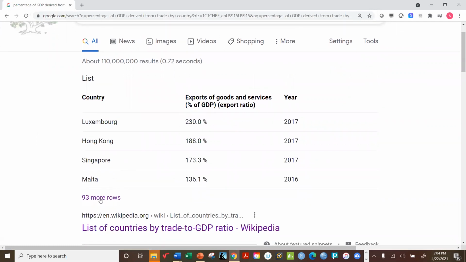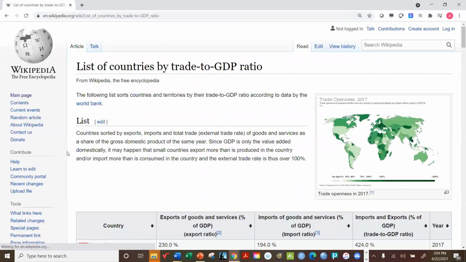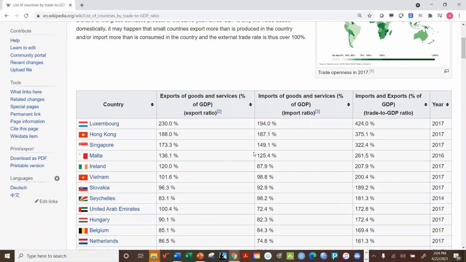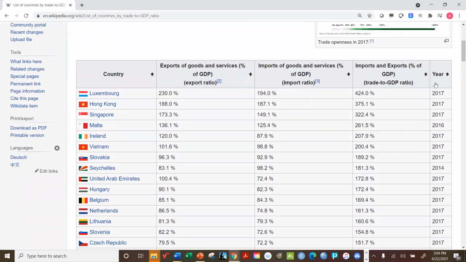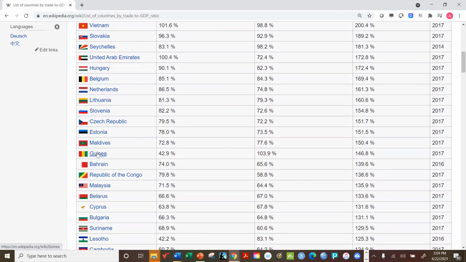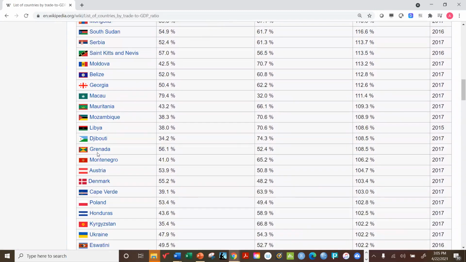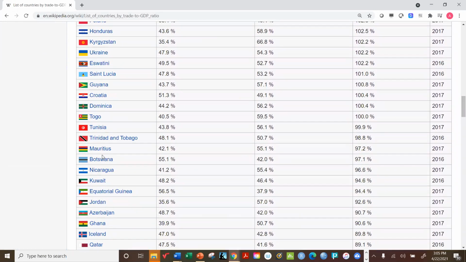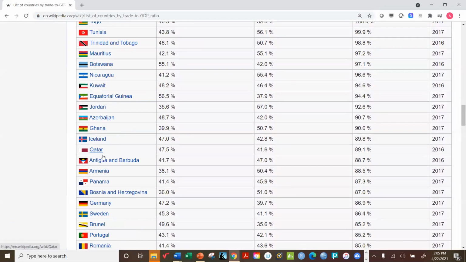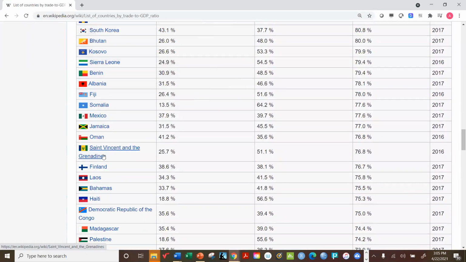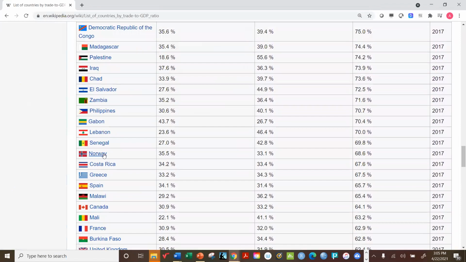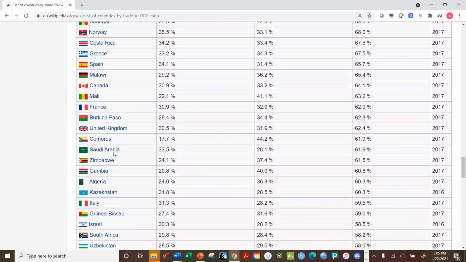All right, so I think we may have already looked at this. But yeah, here it is. Right here in the bottom, far right, we have imports and exports as a percentage of GDP. So if we look for Argentina, okay, where are you, Argentina?